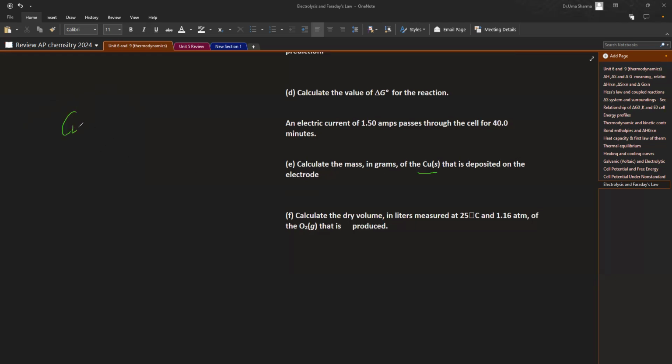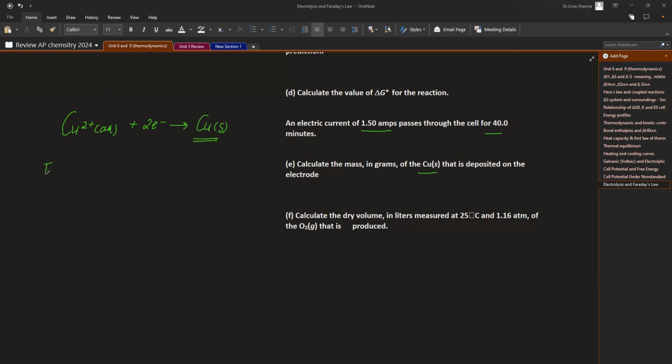So there was copper 2 plus which was getting reduced at the cathode. Cathode is reduction. So this is happening at the cathode. They are asking how many grams of this is going to get deposited. So what is given? Amperes and time.